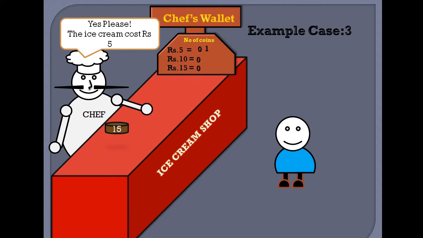For this, the chef would look into his wallet and find whether he has 2 or more 5 rupees coins or 1 or more 10 rupees coins to return the change. But ultimately we can see in the chef's wallet he would find none of them, and hence simply say to the customer that he cannot return change to him, so he cannot give him an ice cream.